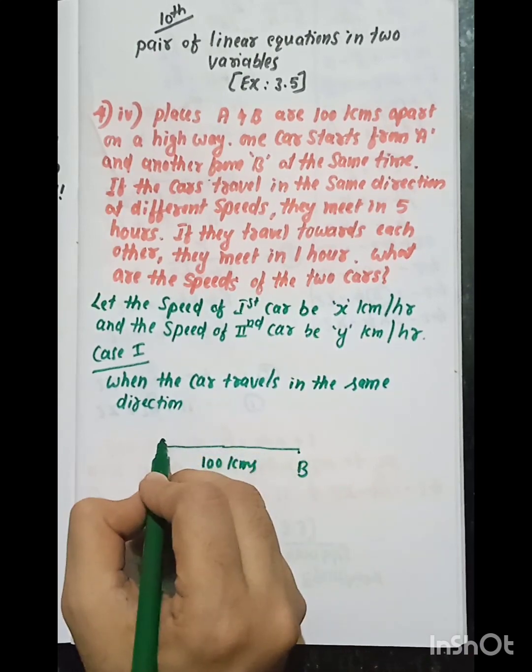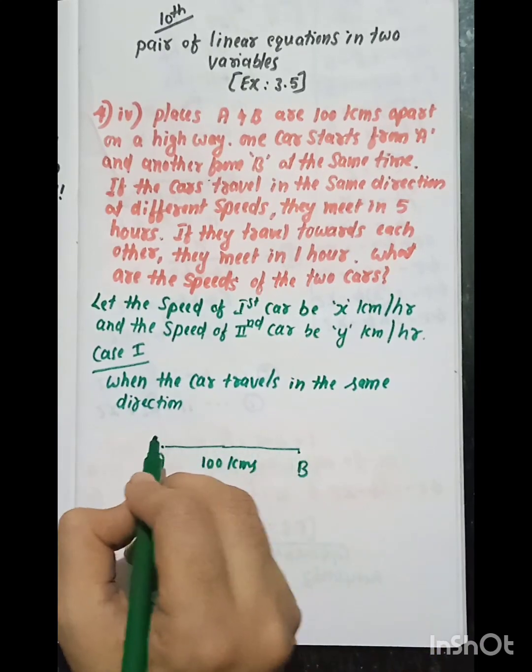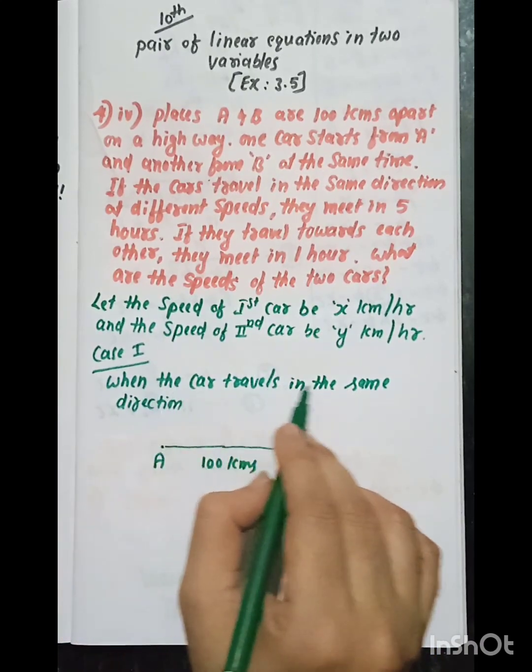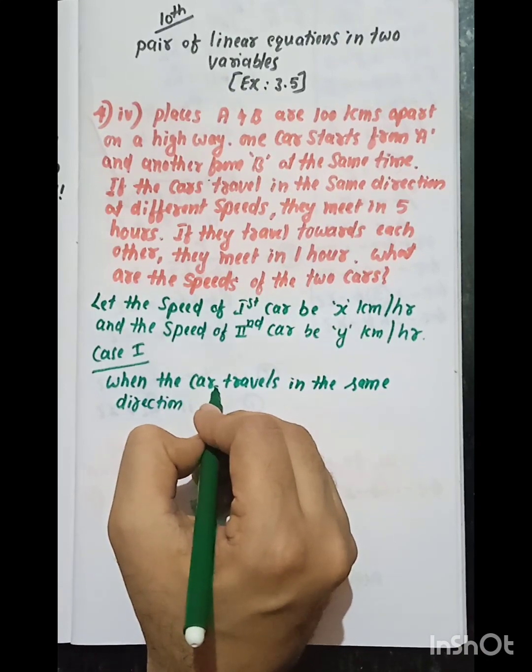The first car starts from A and the second car starts from B, and it is clearly given that the cars travel in the same direction.